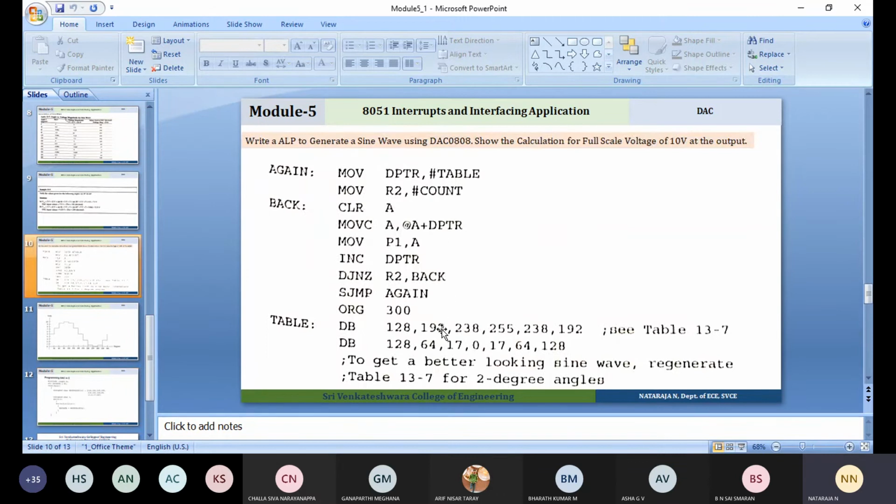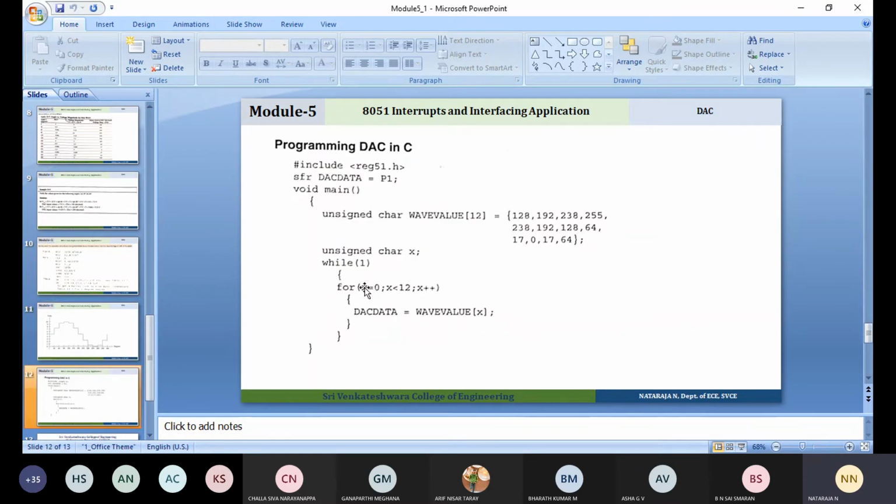This operation we are going to do in C in a single statement. We make a for loop, and the digital to analog converter data is equal to wave values of x. It will be closed. Okay, you will get a sinusoidal signal. This is a program using C programming. For Keil software for interfacing, maybe you are going to use this. We are going to dump this into the 8051 for the interfacing output.